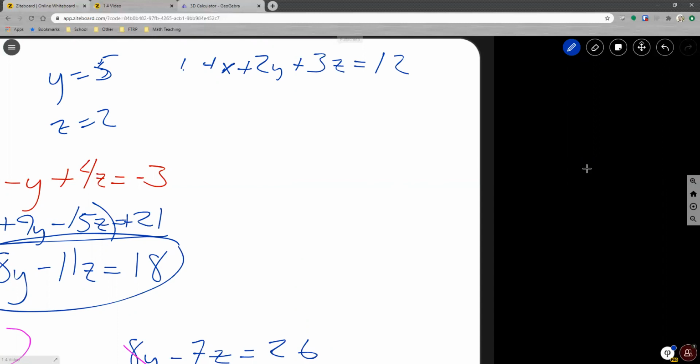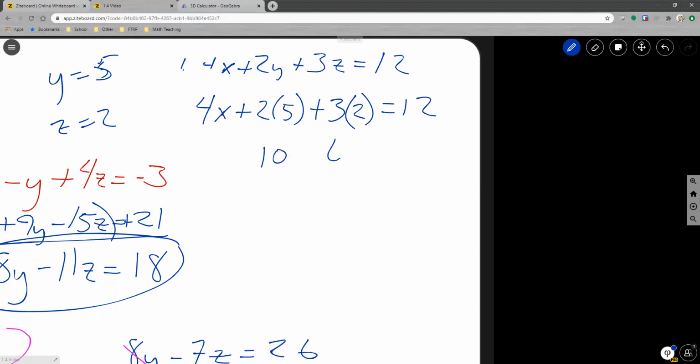I've really got 4x plus 2 times 5 plus 3 times 2 equals 12. Do the math, I get a 10 here, a 6 here, and 4x stays 4x. I can combine the like terms, I get 16. So 4x plus 16 is equal to 12.